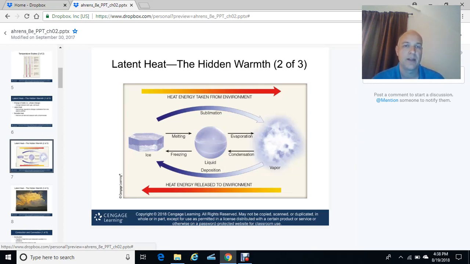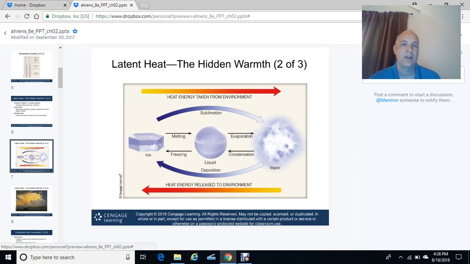Now, the other mnemonic device I'd like to share with you is cool, C-O-O-L, mesa, M-E-S-A. Cool mesa. So the M is melting, the E is evaporation, the S is sublimation, and the A in the mesa stands for absorbing heat from the surrounding air.